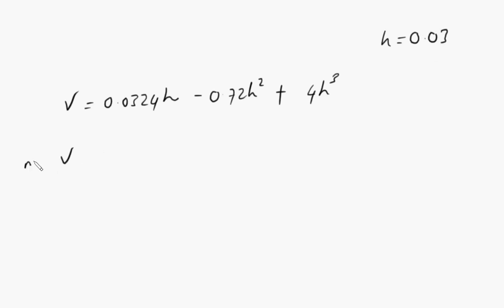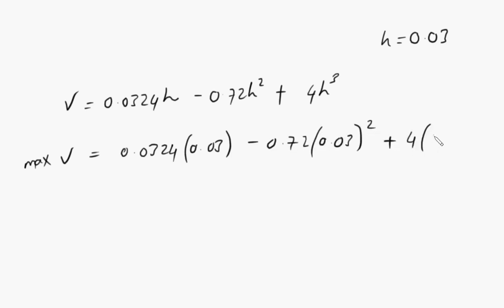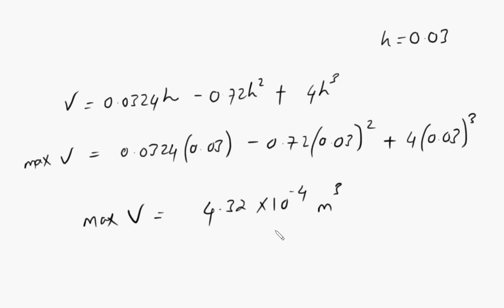So our maximum volume is 0.0324 times 0.03 minus 0.72 times 0.03 squared plus 4 times 0.03 cubed. Using your calculator, this is equal to 4.32 times 10 to the power negative 4. The unit for volume is meters cubed. So this is our maximum volume. That's about the application of differentiation to some practical problems. See you in the next tutorial.